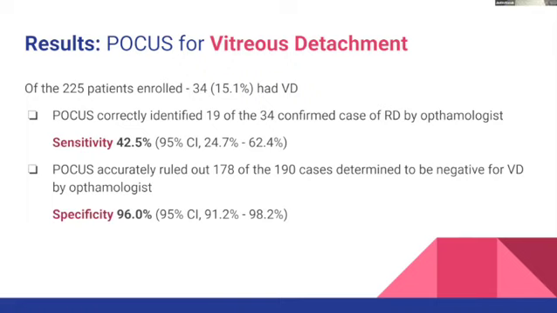So vitreous detachment, on the other hand, there were 34 that were identified by ophthalmology. 19 of the 34 were picked up with POCUS, so that gives a sensitivity of only 42.5%. On the other hand, it accurately ruled out most of the cases that were determined to be negative by ophthalmology, so it was specific at 96%.